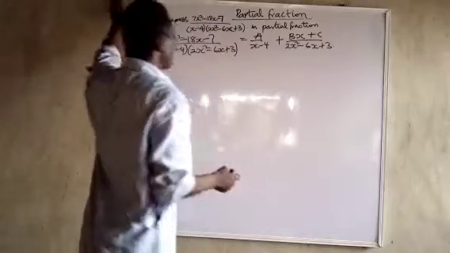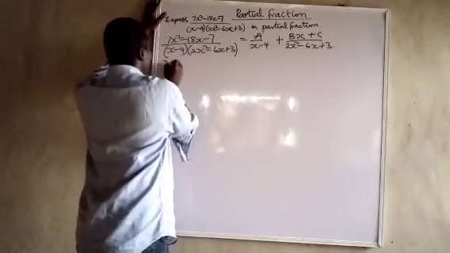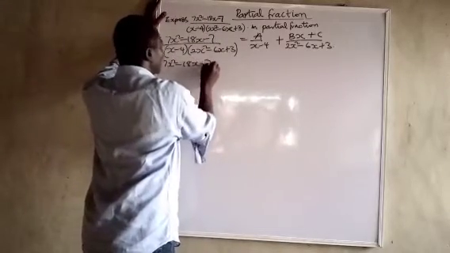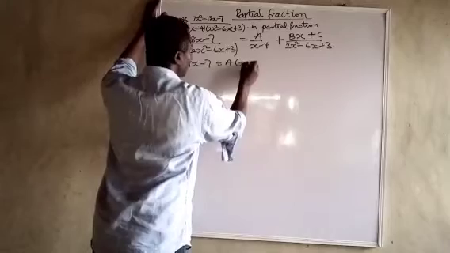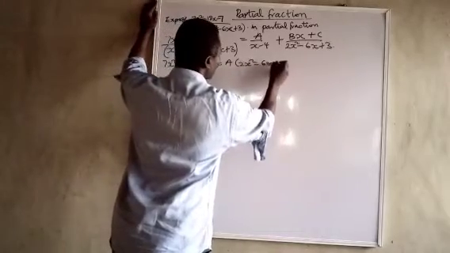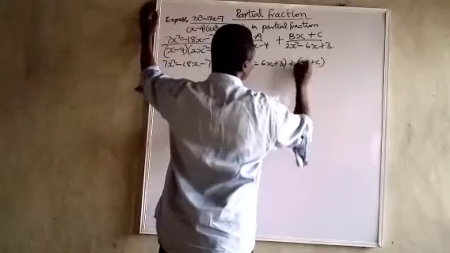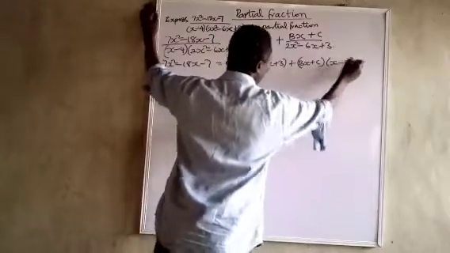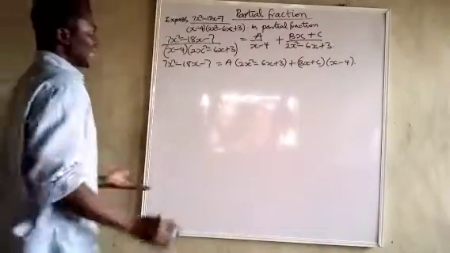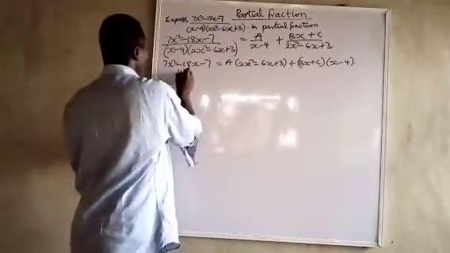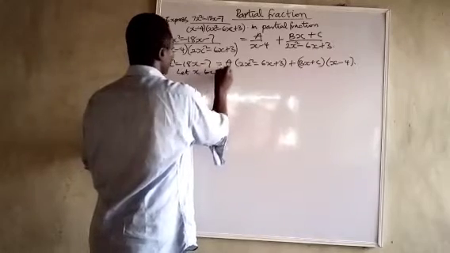So we have this. Let's multiply through by the LCM. So we have 7x squared minus 18x minus 7 equals a into (2x squared minus 6x plus 3) plus (bx plus c) into (x minus 4). Straight. Let's make our x to be 4. So what do we have?